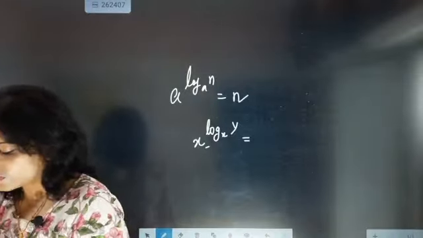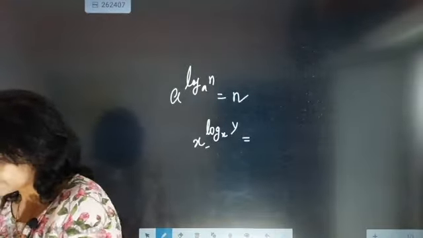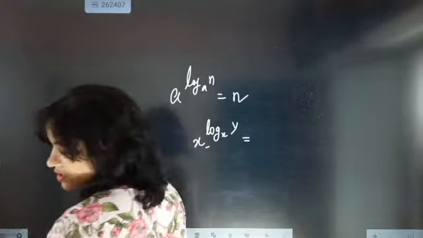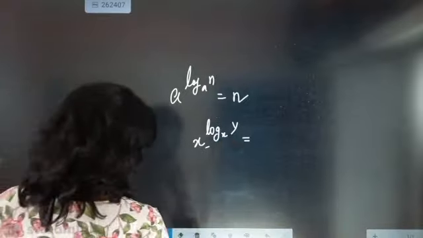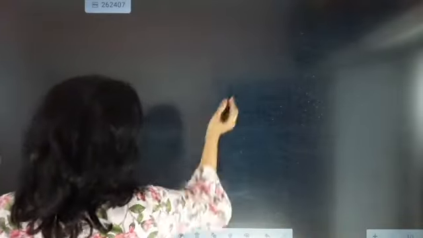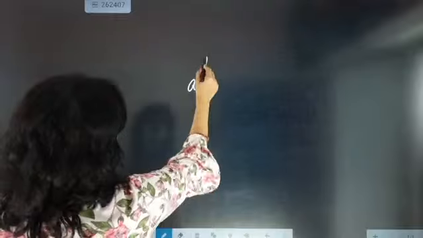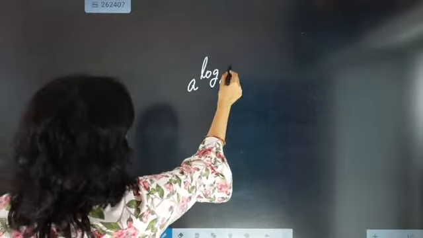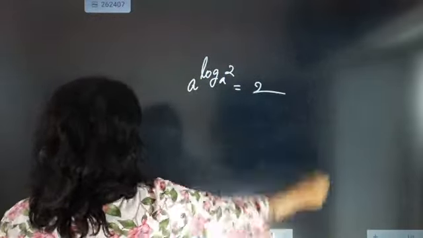So now we are going to solve a question, a simple question based on this property only. Again one more time, log base a of a squared is there, so the answer will become directly 2.